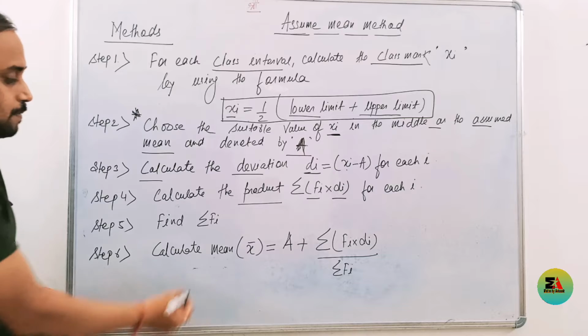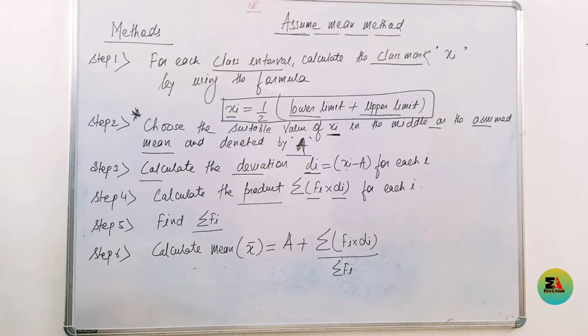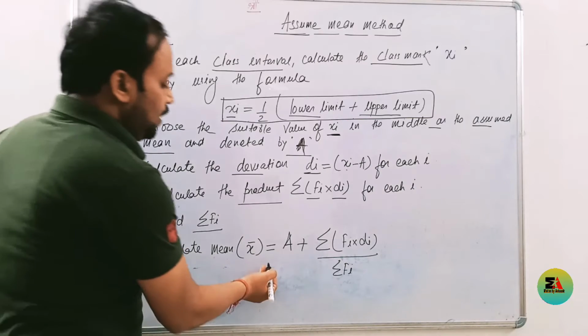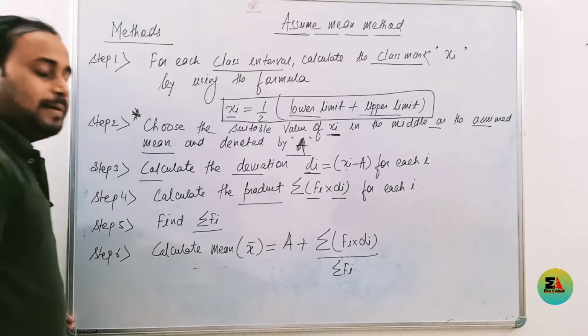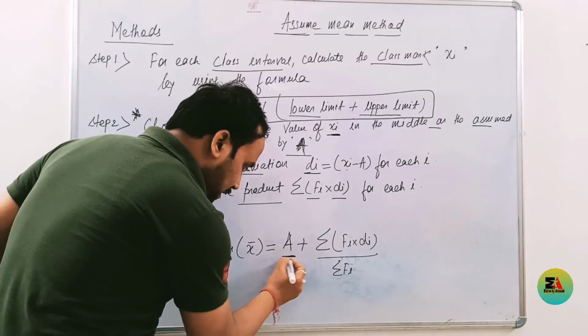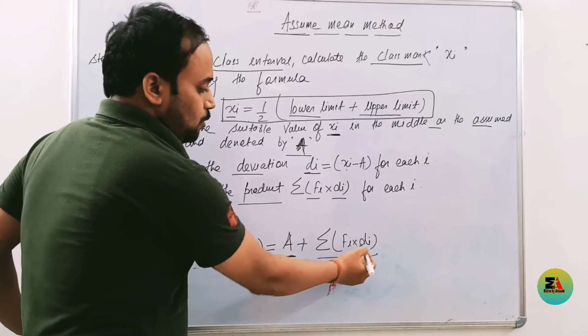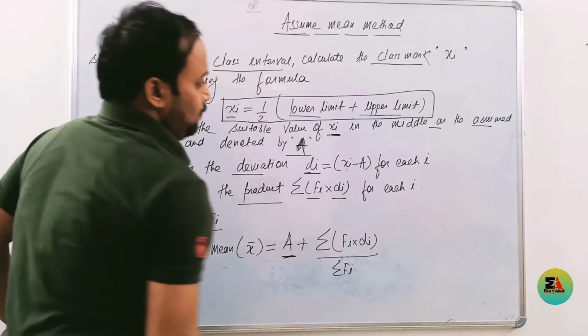Now in step 5, calculate the summation of fi, and in the last step we use the formula of the assumed mean method. Mean is represented by x bar, and A is the assumed value. x bar equals A plus summation of fi di divided by summation of fi.